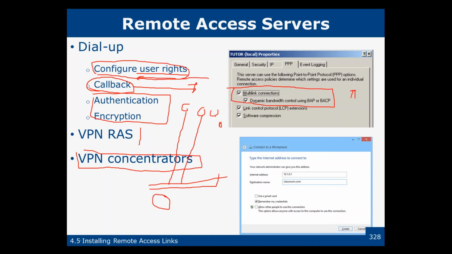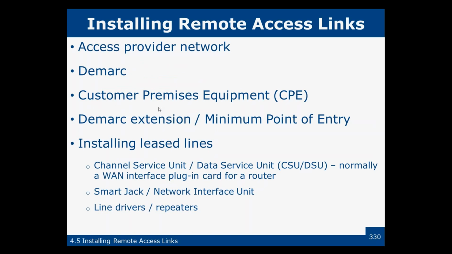So it allows multiple VPN connections, and then we can manage it much more efficiently through the VPN concentrator instead of trying to load down a router. You can establish VPN connections to a router, but it's much better if you have several of them to have the concentrator.